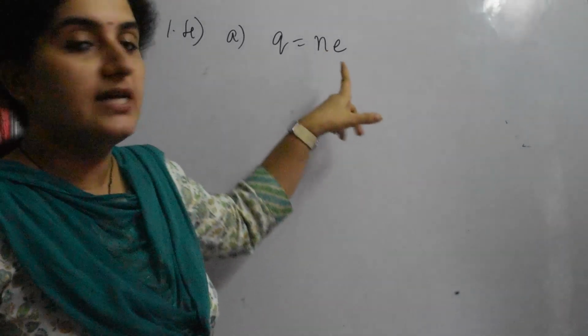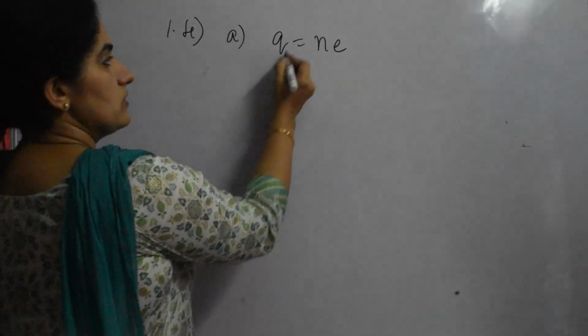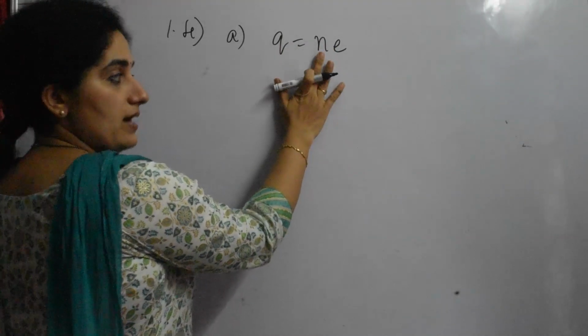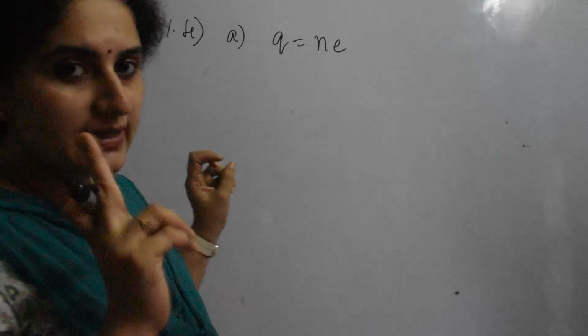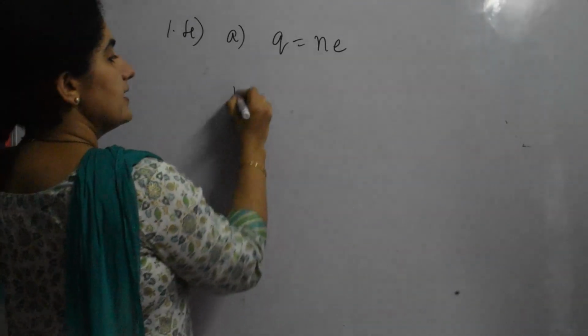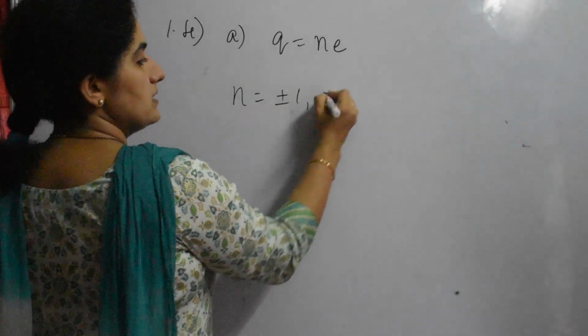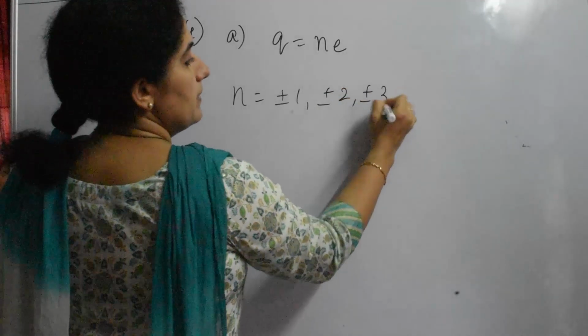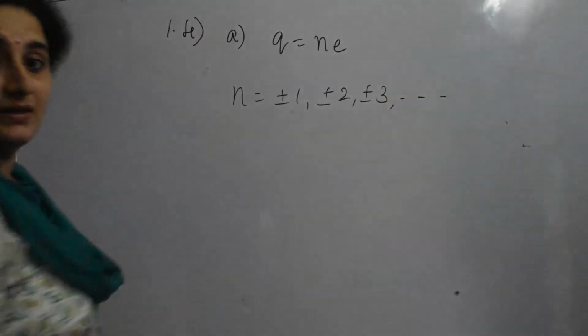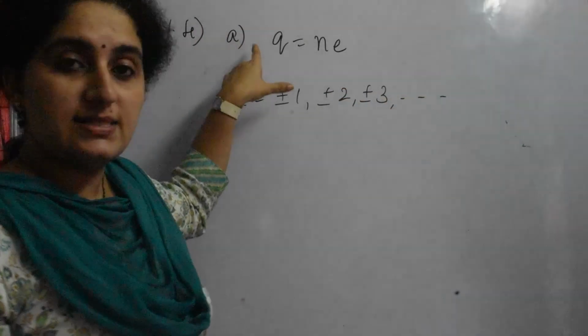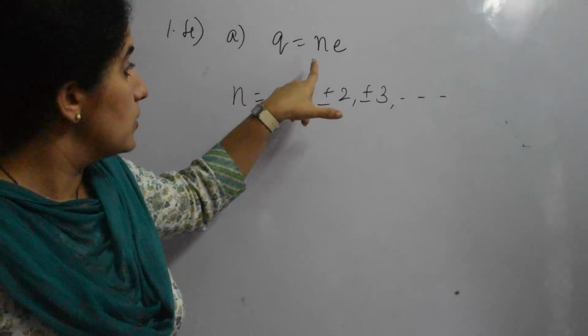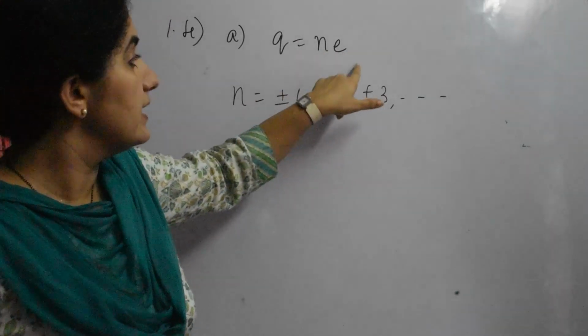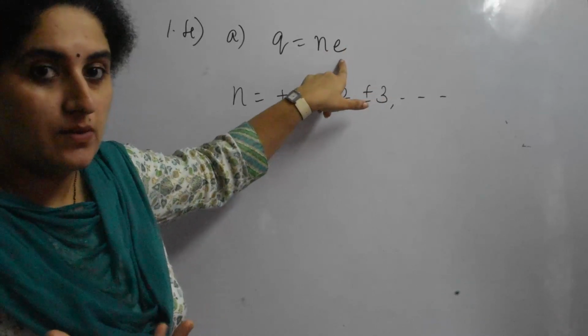So Q is equal to N into e, correct? The total charge in a system is equal to the number of charges into the charge of each electron. So where N can be plus or minus 1, plus or minus 2, plus or minus 3, and so on. The total charge in a system is the product of the quantity into the base charge. What is the base charge?